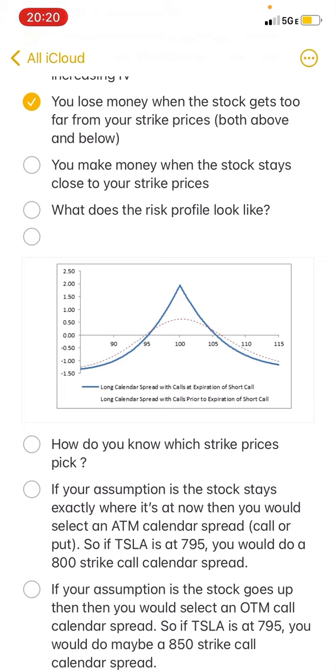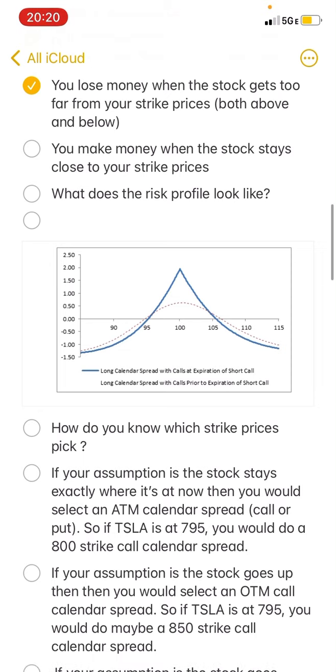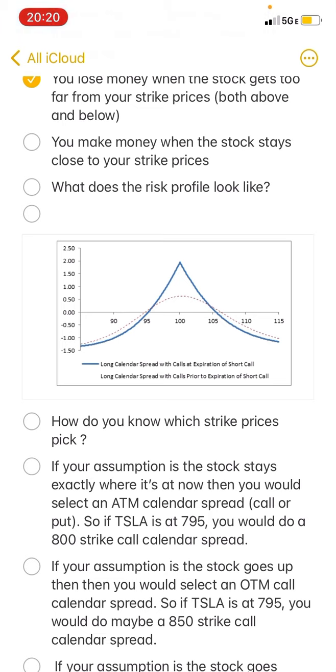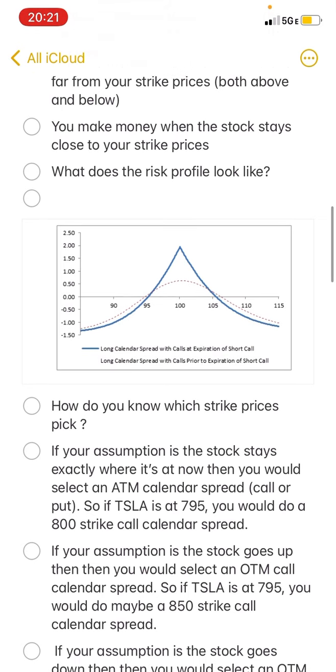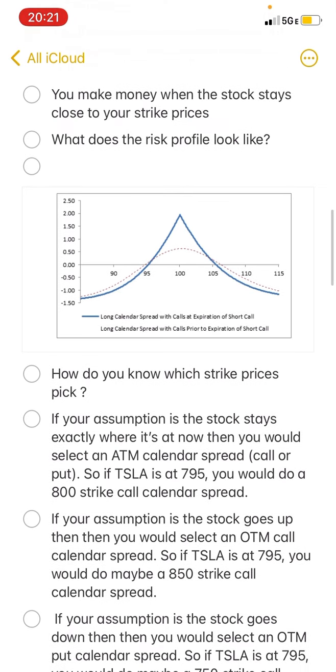Because you're long on the far dated one, but you're short on the near term one. You'll make money on that long dated one, but you're also going to lose more money on that front dated one. The reason for that is gamma is higher on that near term expiration one.